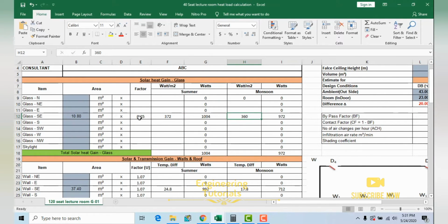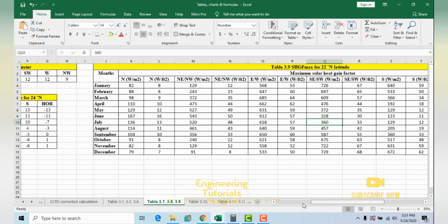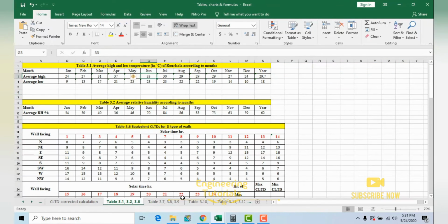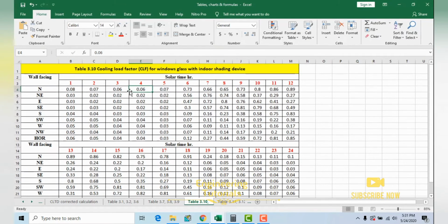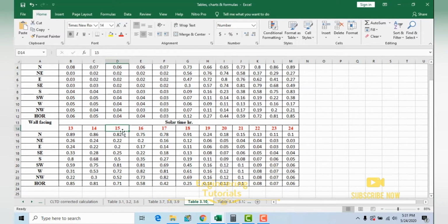And the last, we need to get the factor from the table for the glass, cooling load factor for the glass. So we can get this cooling load factor of the glass from table 3.10. So cooling load factor for window glass with indoor shading, since we have southeast exposure and the maximum load will occur at 3 p.m. of the solar time.